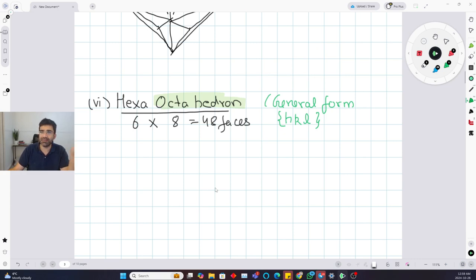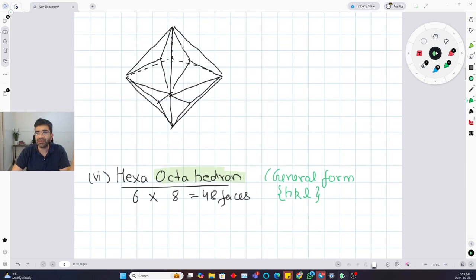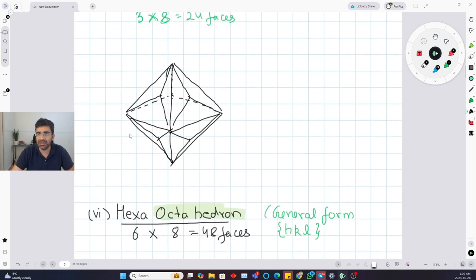Now drawing it can be a little challenging. It's kind of like this octahedron. We divided each face into 3 faces, so it became a trioctahedron. Instead of 3 faces, you divide it into 6 faces. It will become a hexoctahedron. And all you have to do is this line that you see over here, for example, this line that is coming like this, you have to just extend it further.